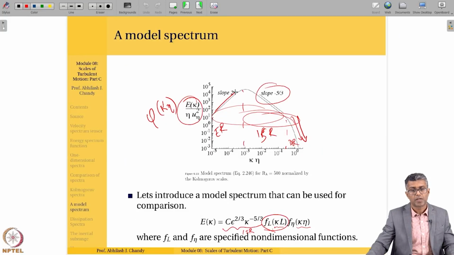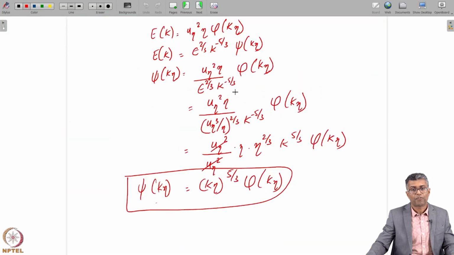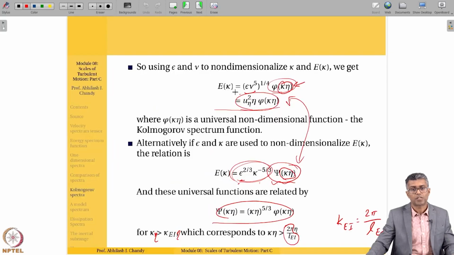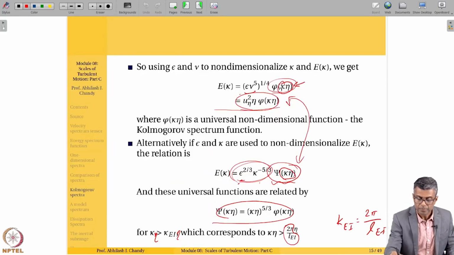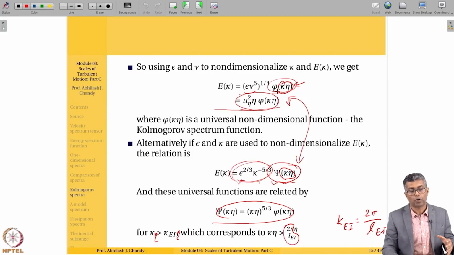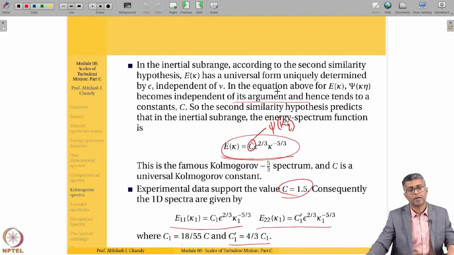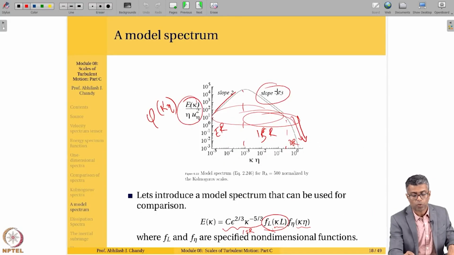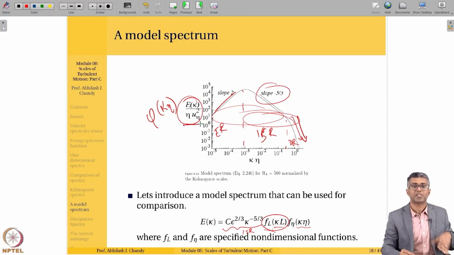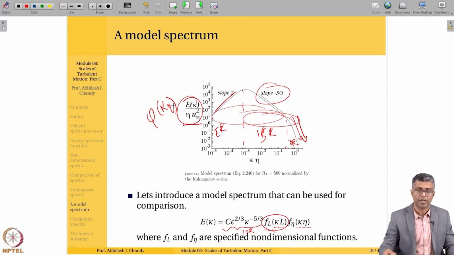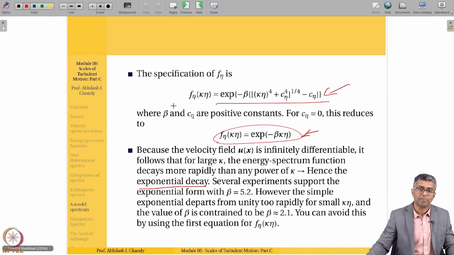If you notice, I am getting that from this one right here. Essentially, what I'm plotting is the non-dimensional psi of kappa eta. In the model spectra, I plotted E of kappa over U eta squared eta, which is again psi of kappa eta. I'm doing the same thing here.